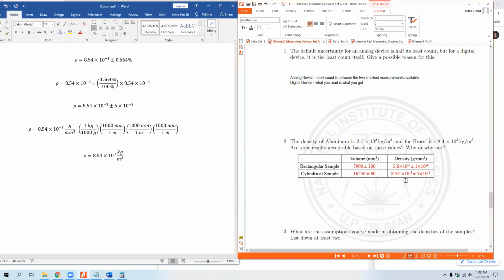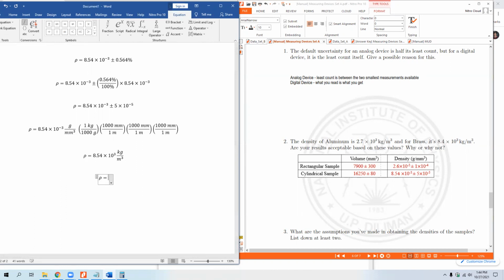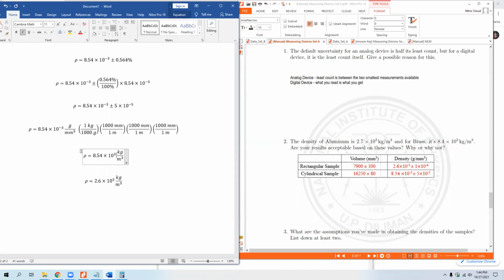And for our other sample, in a similar way, we also just multiply by 1 million. So that is 2.6 times 10 to the 3 kilograms per cubic meter. And let's not forget the uncertainties, which are converted in the same way. So this is 1 times 10 to the minus 4 times 1 million.